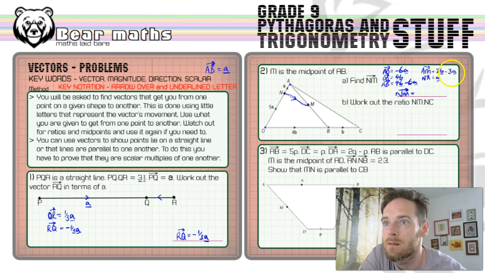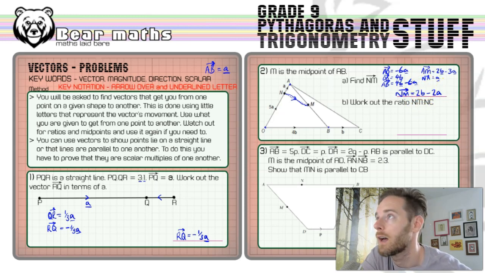It's going to be a minus 3a plus 2b. So I'm going to write down the 2b first, and then minus 2a, and that's it. We've done it. You can take a factor out here, and we probably should write that as 2 and then brackets b minus a. Just factorised it. There you go.